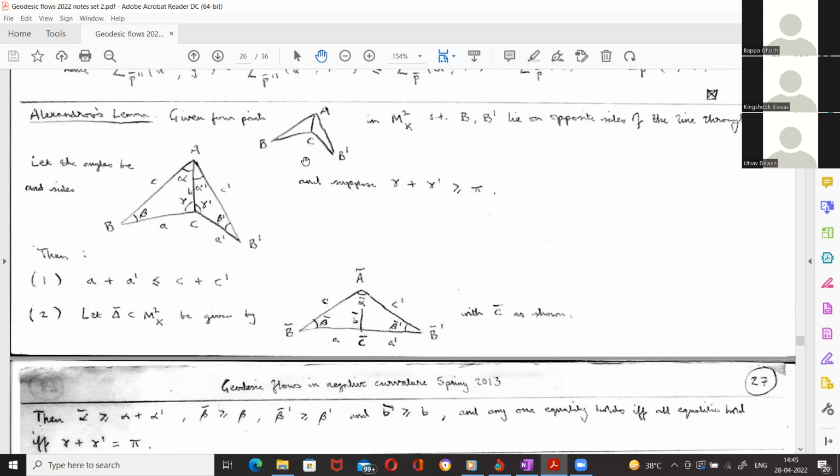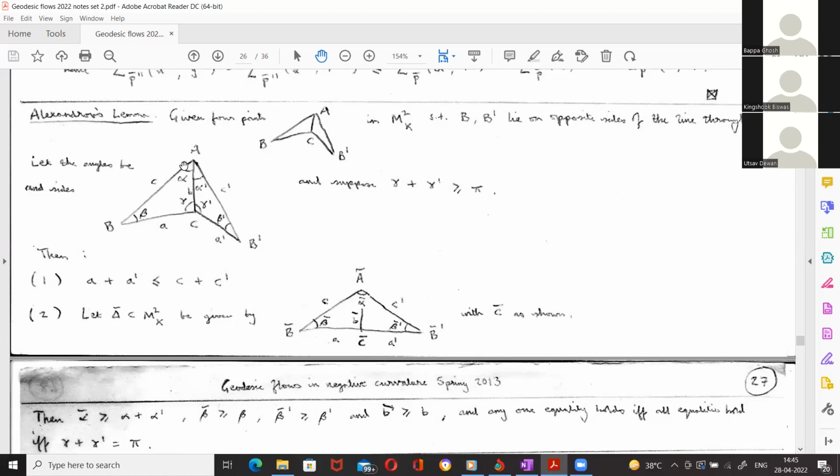Let's call the angles like this. The angle at B is beta, at B' is beta'. The angles at A are alpha and alpha', and the angles at C are gamma and gamma'.